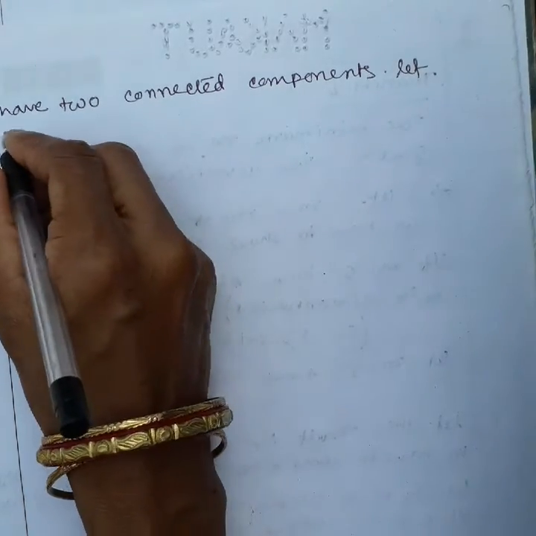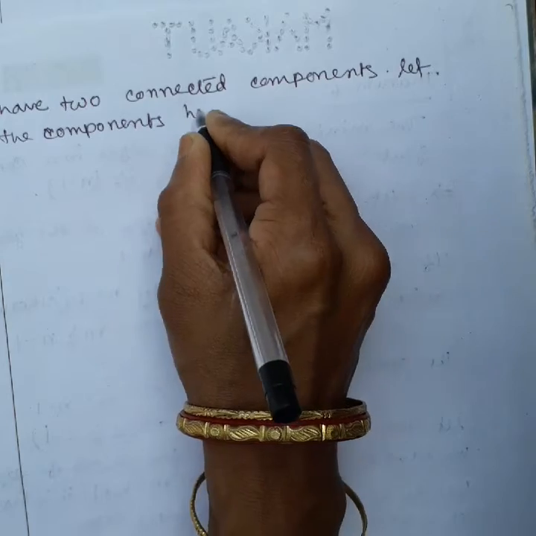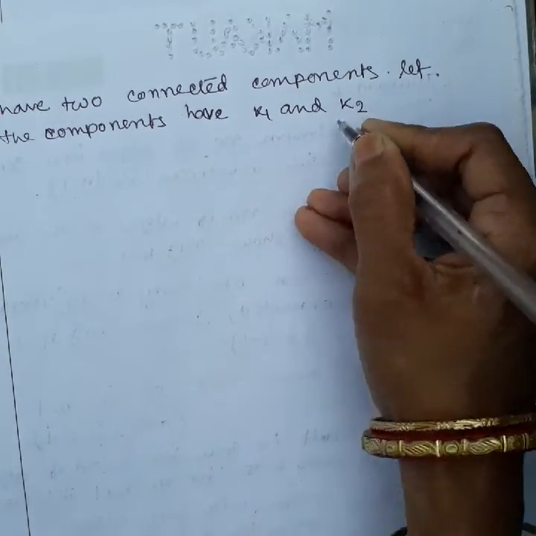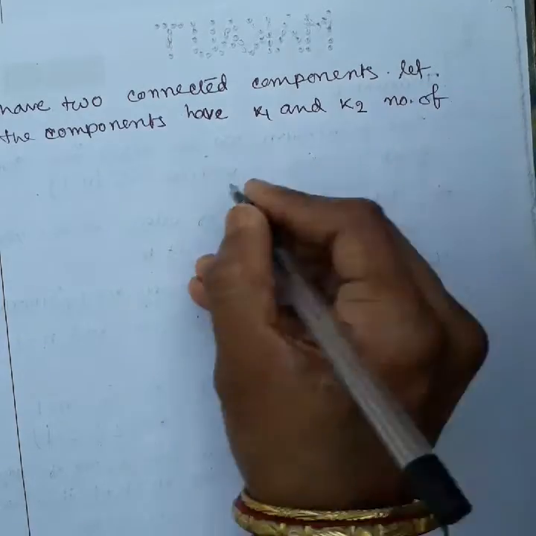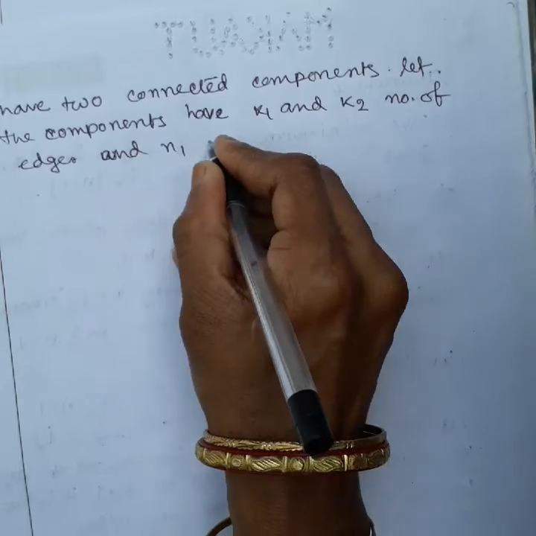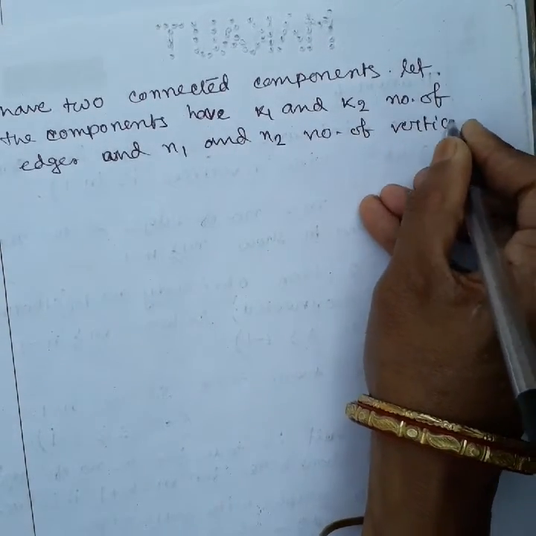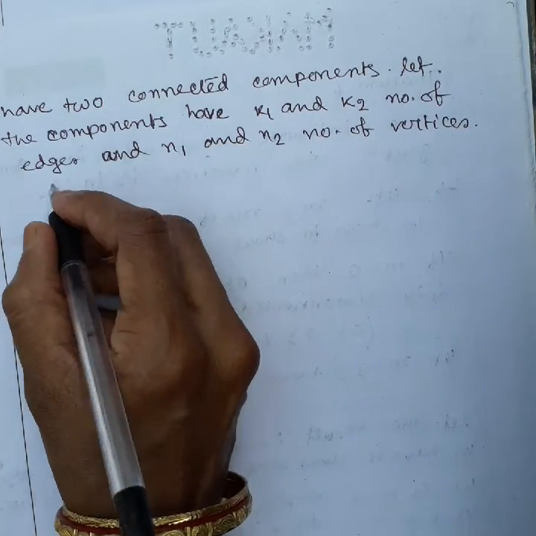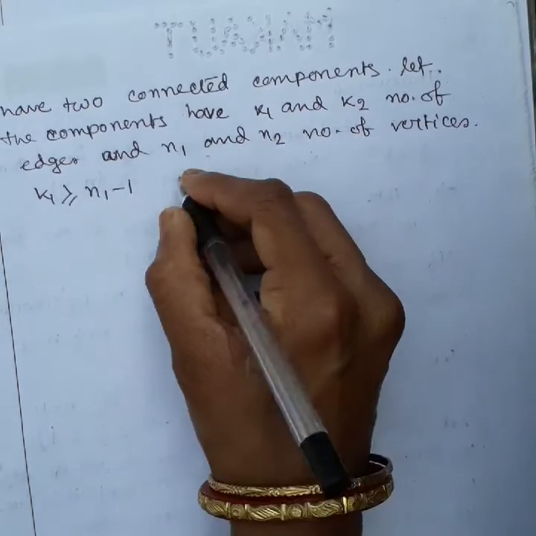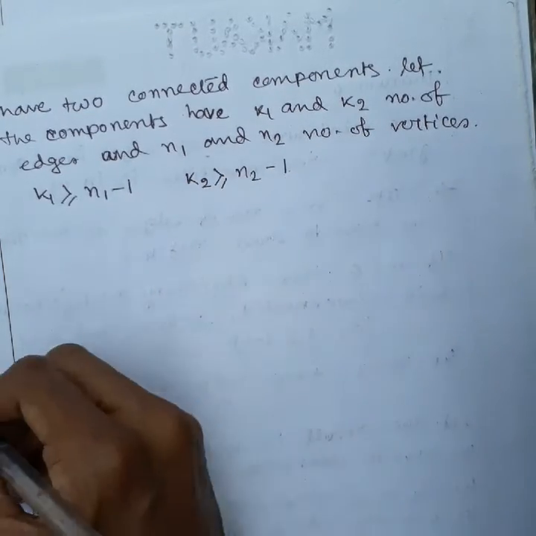Let the components have k1 and k2 number of edges and n1 and n2 number of vertices. Okay, so for the first component, k1 is greater than or equal to n1 minus 1, and for the second component, k2 is greater than or equal to n2 minus 1.